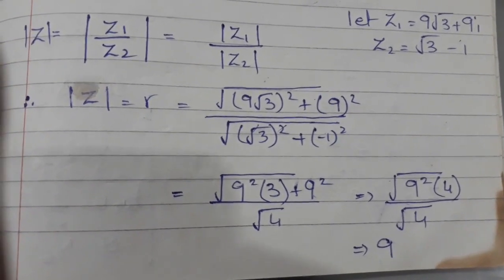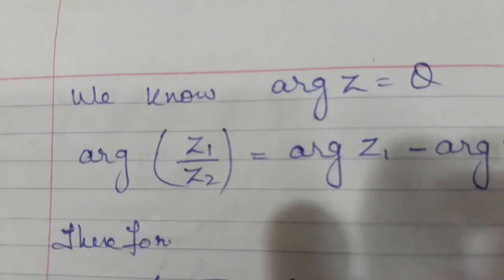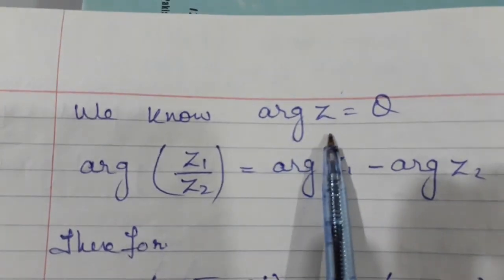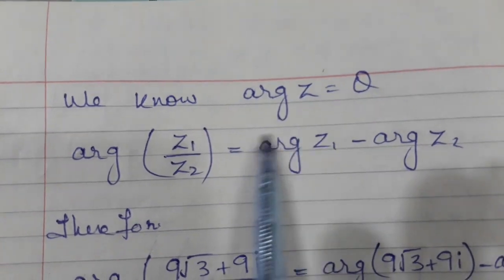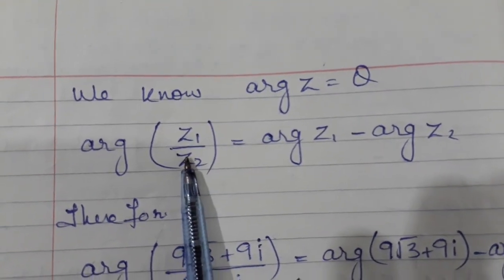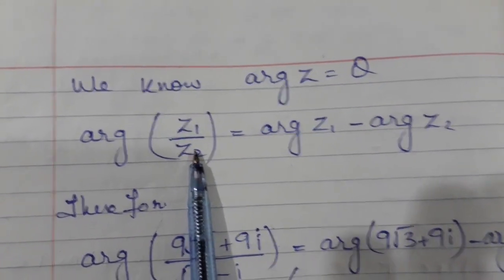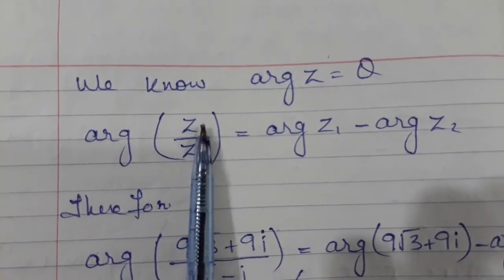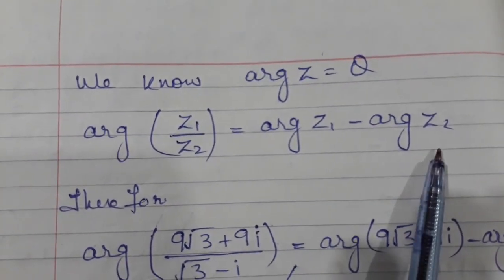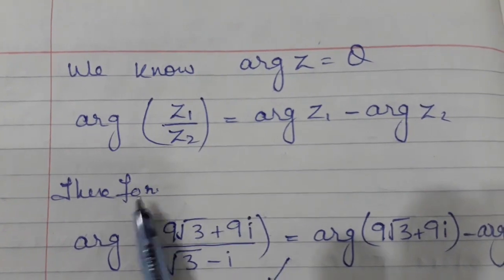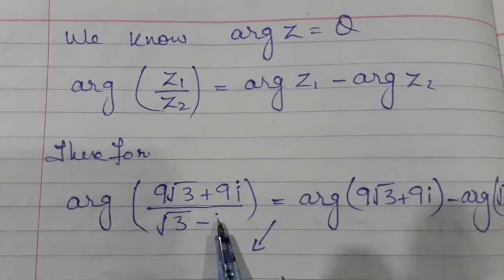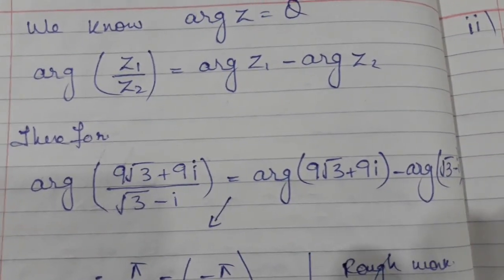Let's see how we calculate theta. We know argument of z equals theta, and if the complex number is given in this form, which is our question actually, I can write it as argument of z1 minus argument of z2. Therefore, if I rewrite this question, it can be written in this form.